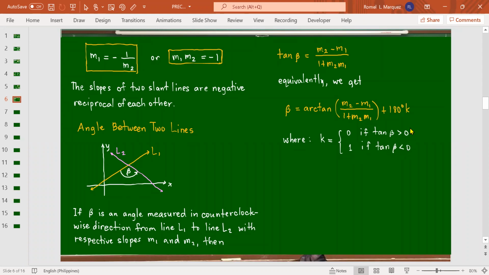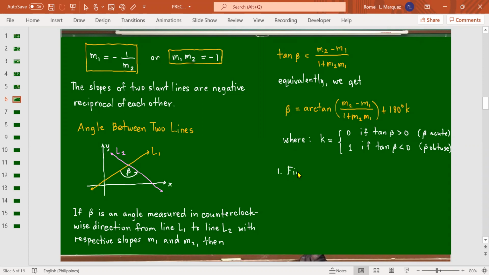Get it, guys? So meaning beta is acute when positive, and here beta is obtuse. Okay, children? Any question with this formula, guys? Let's have specific examples for the concepts that we discussed.